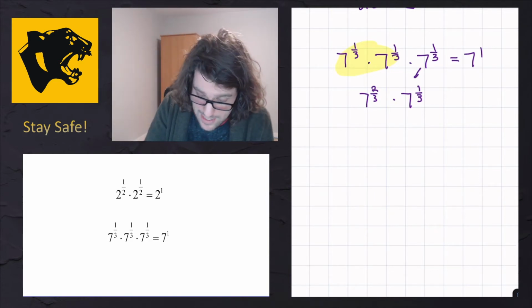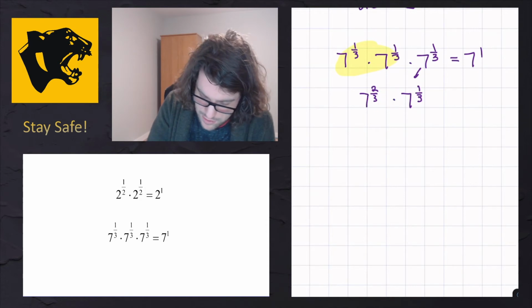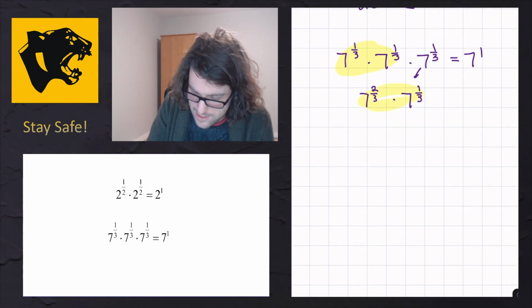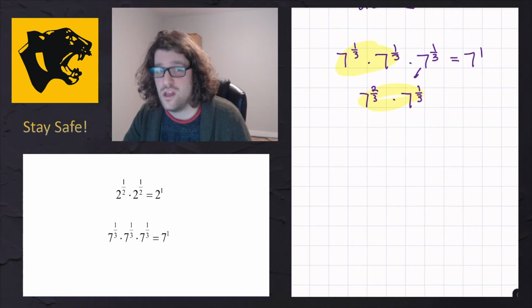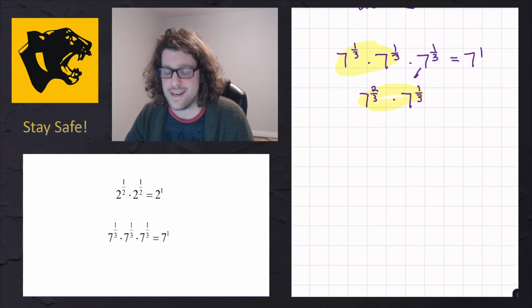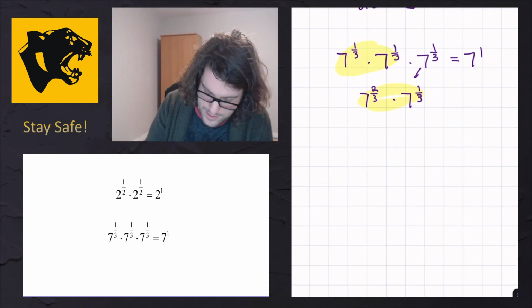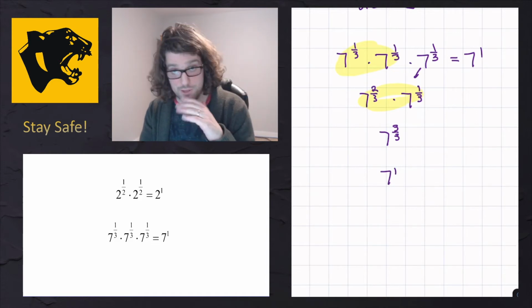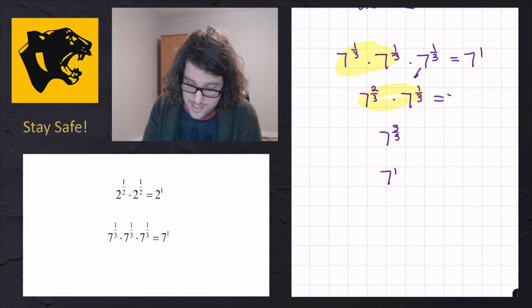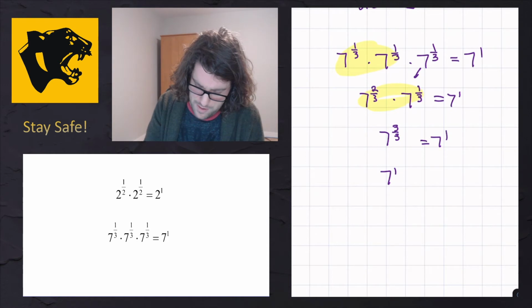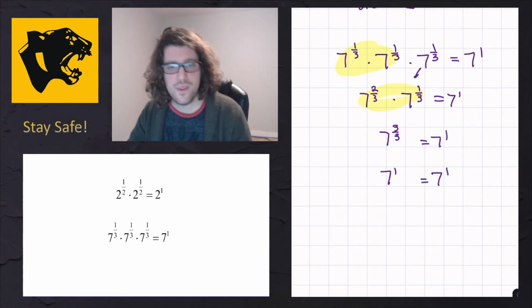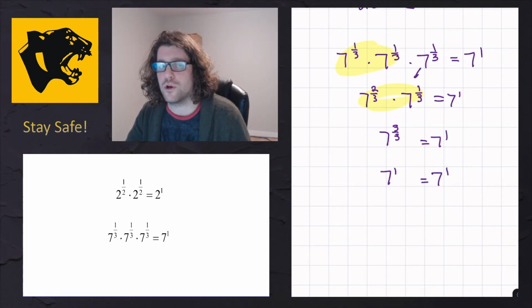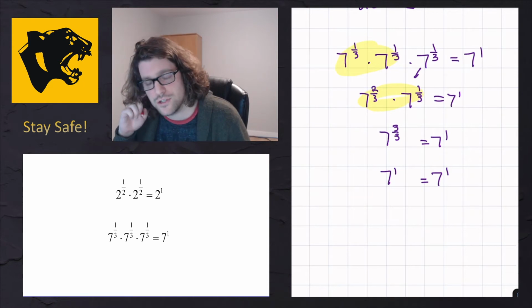I'm going to do the exact same thing. I'm going to take these two things, and I'm going to use the same rule. So same base, can add together the exponents. 2/3 plus 1/3 is 3/3. And 3/3 is the same thing as saying 1. And so the stuff on the left is definitely equal to 7 to the 1, as we've shown down below, if the rule is that we're allowed to add together those fractional exponents.